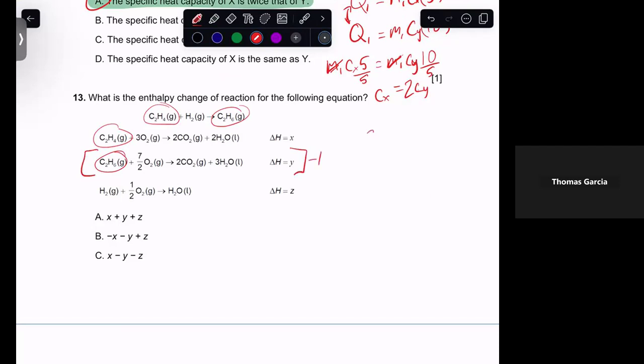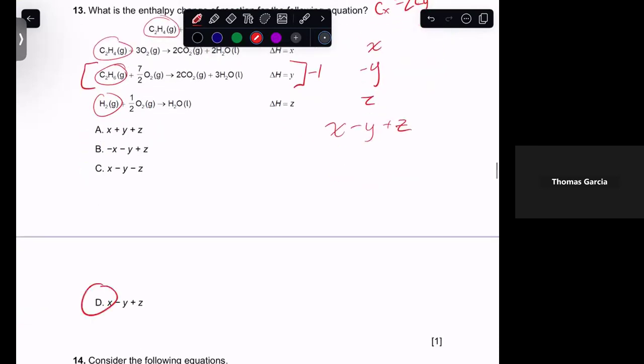So we have X stays the same, negative Y, and H2 is in the correct place, so positive Z. So our answer has to have X minus Y plus Z. That is, unfortunately for me, on the next page, D.